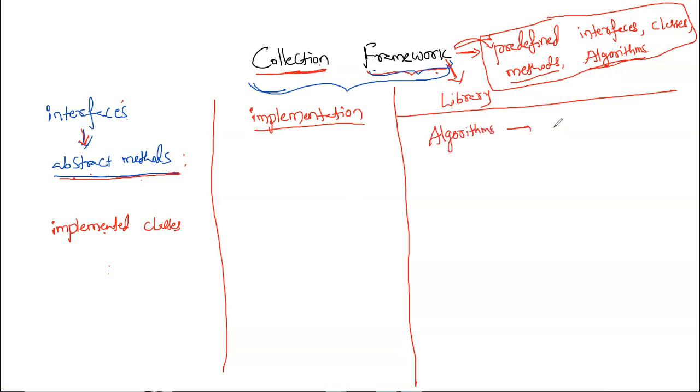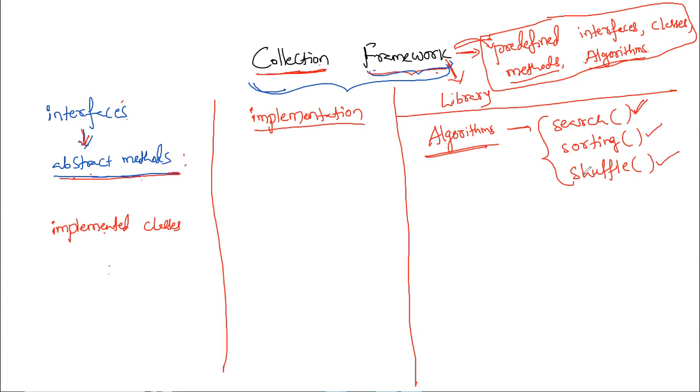Like searching for an object, sorting, or shuffling. These are also predefined, and depending on our requirement, we have to use them. We sort if we want the order to be ascending. We search to find an object in the collection.